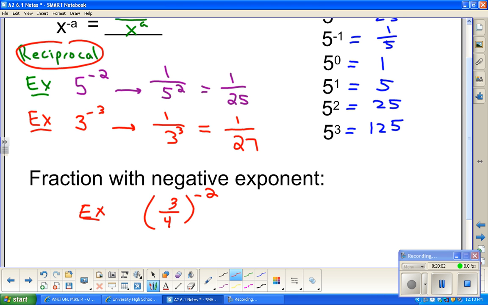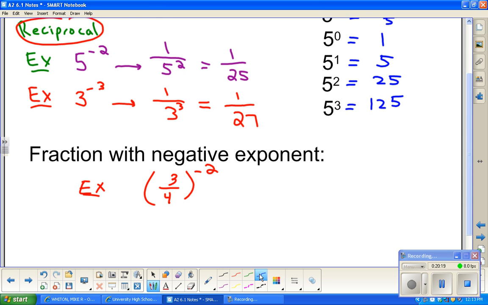What if you have a fraction already to a negative power? Okay, this is where it's really important to think about the reciprocal. If we take the reciprocal, we can make the exponent positive.